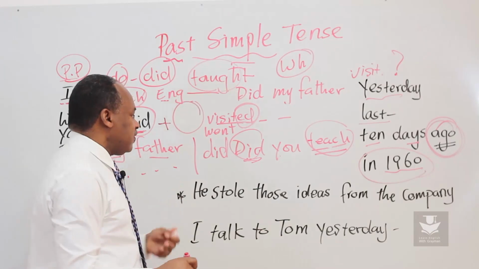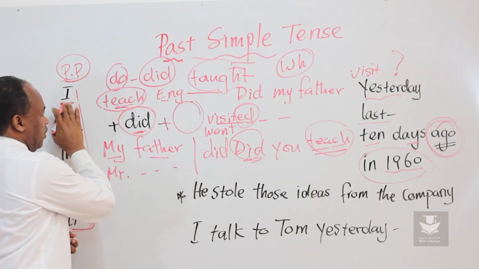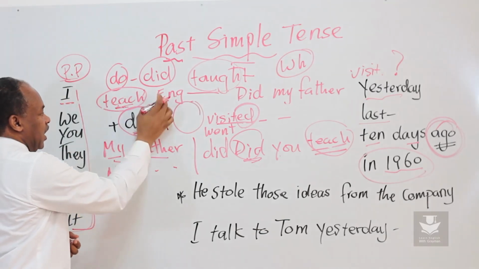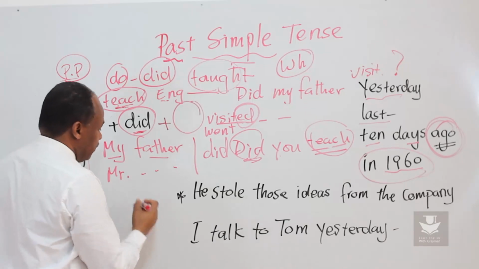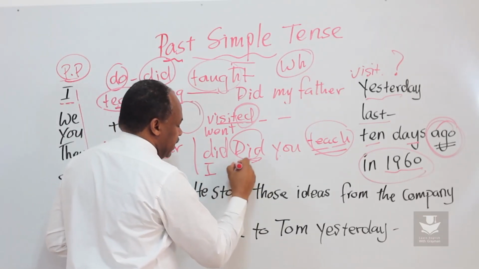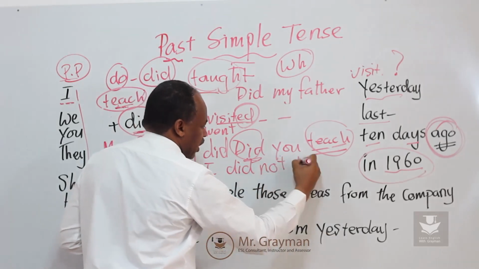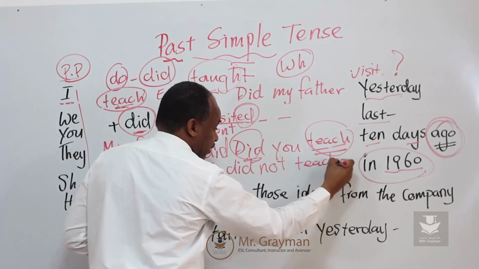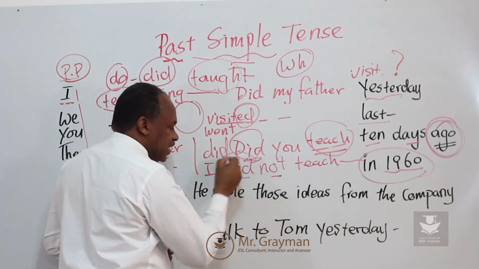How to make negative? To make negative, look at this sentence here. I taught English in China 10 years ago. I write it here. I squeeze it here. I did not teach English, and then the rest of the sentence. So I need did here.